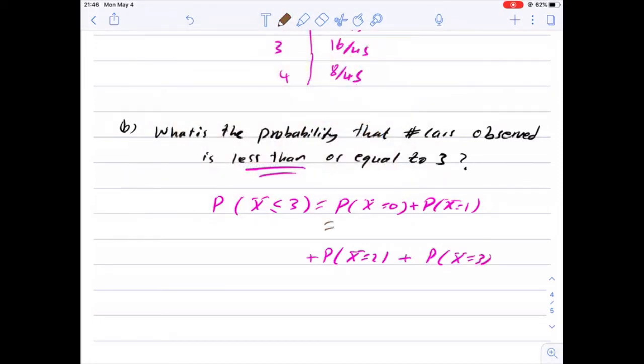Now we find these probabilities: x equals 0 is 2 over 45, x equals 1 is 9 over 45, x equals 2 is 10 over 45, x equals 3 is 16 over 45, and the total is 37 over 45, which is 0.8222, etc.